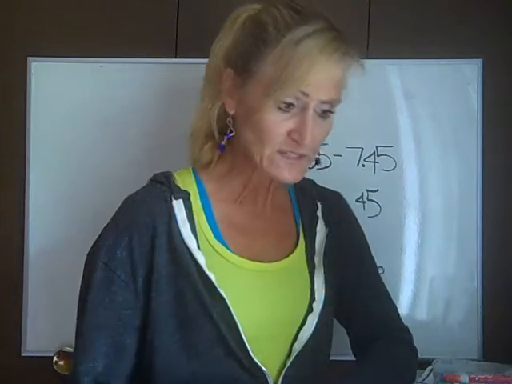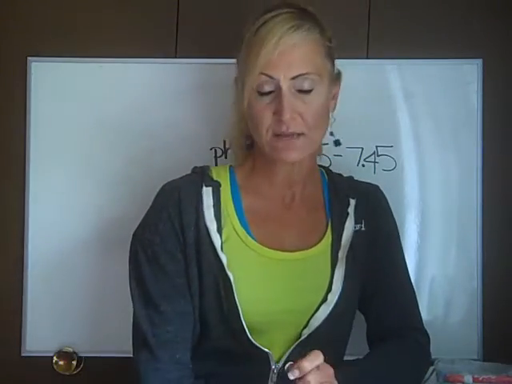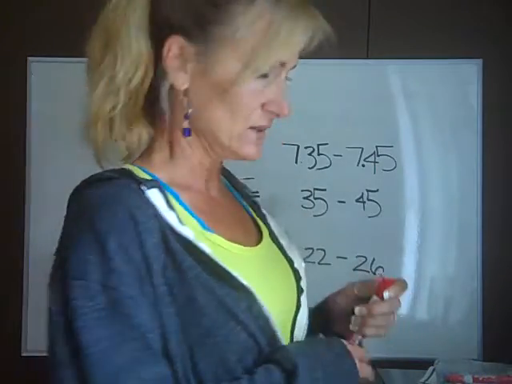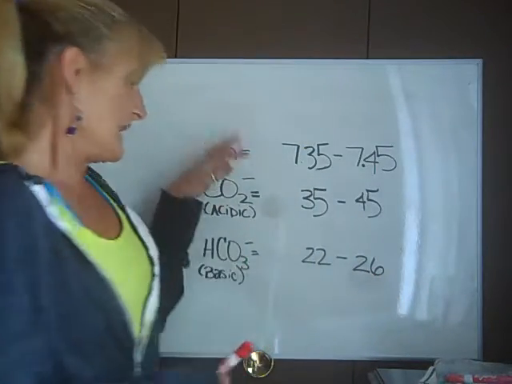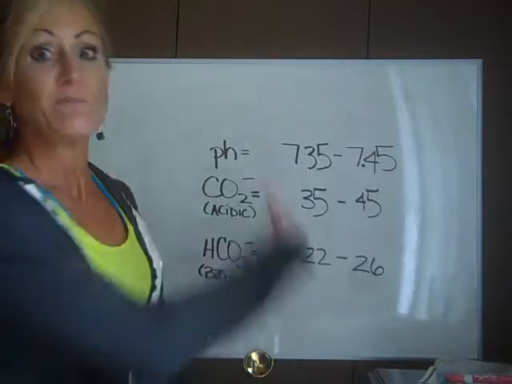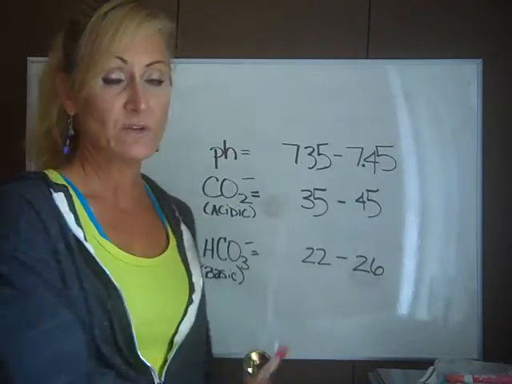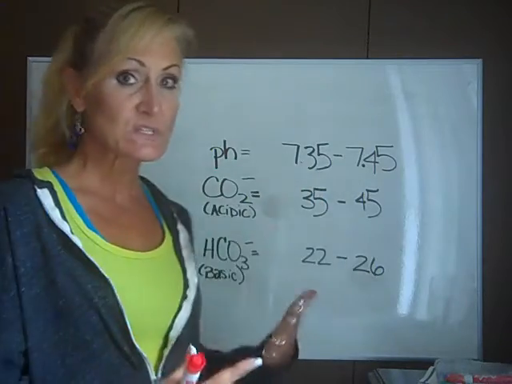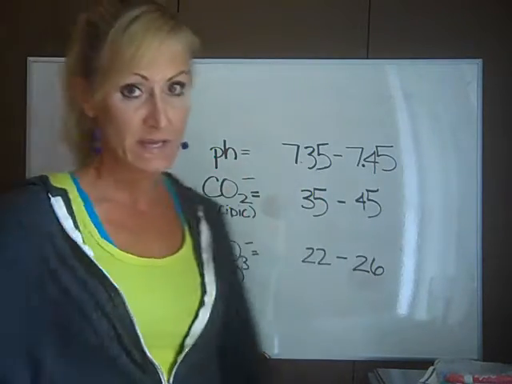So let's talk a little bit about acid-base imbalances, acidosis and alkalosis. These are the three main things you need to know when you're doing your acid-base evaluation. The first thing that you're going to look at is your patient's pH level.